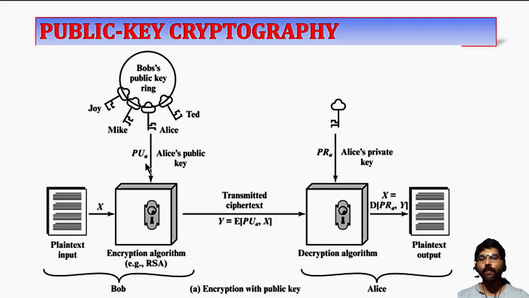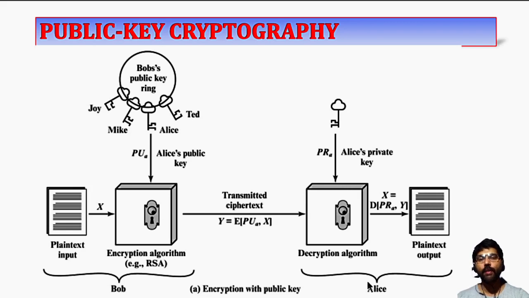Now see here, if Bob wants to communicate with Alice in this diagram, Bob already has a public key which is distributed by Alice. He uses this public key to convert plain text into ciphertext and transmits it to Alice.